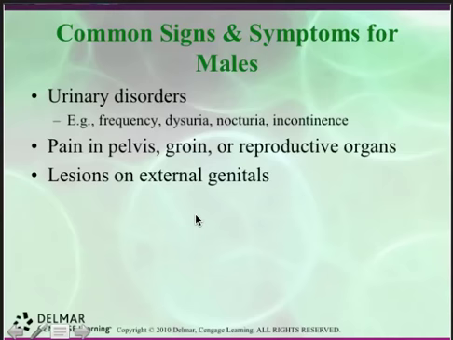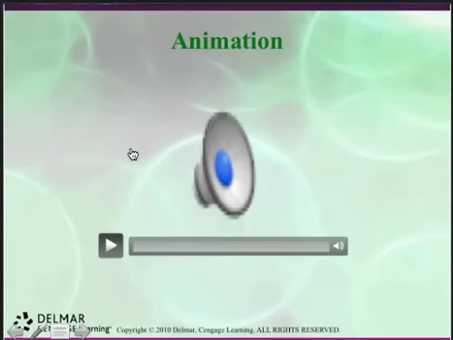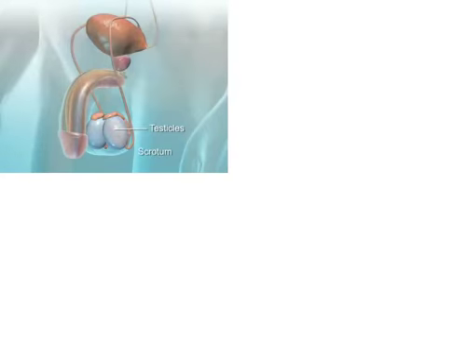So let's take a look at the male reproductive system. The primary role of the male reproductive system is to produce and deliver sperm to fertilize an egg in the female. These sperm are produced outside of the body cavity by the testicles, which are located in the scrotum. The scrotum protects and supports the male reproductive organs that are located outside of the body cavity.